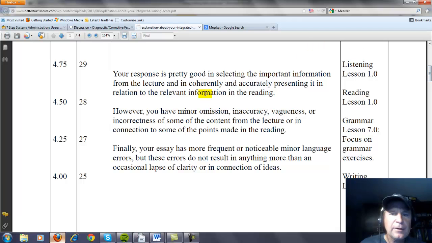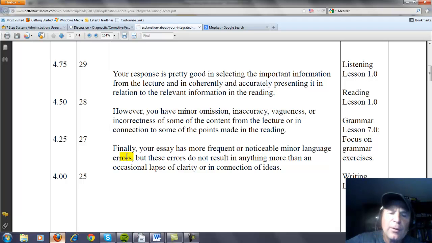Here's why. It says, finally, your essay has more frequent or noticeable minor language errors, but these errors do not result in anything more than an occasional lapse of clarity or in connection of ideas. So I think that some of your word choice, using the word predictor instead of predator, is a completely different word there.